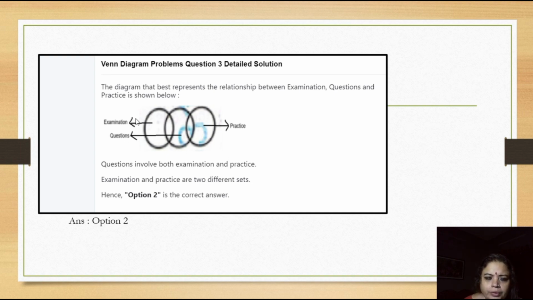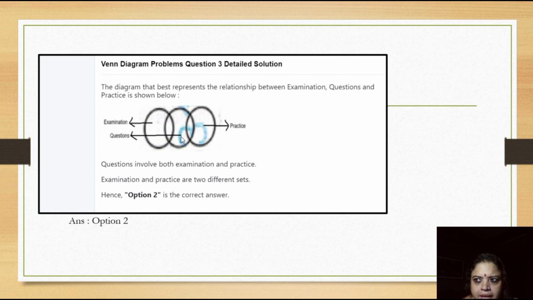So, you have examination as the first circle, then questions as the second circle, and the third one practice. So you can see that this diagram represents the relationship, because questions involve both examination as well as practice, isn't it?